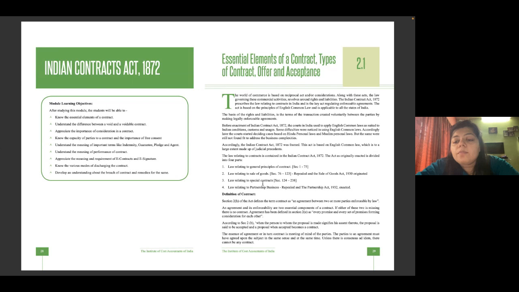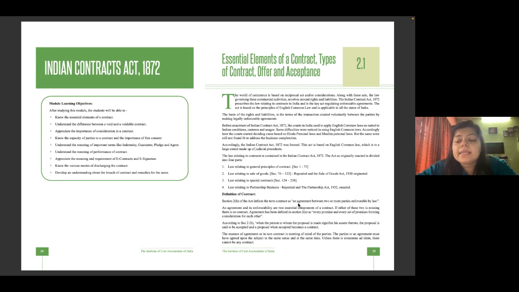These general principles deal with, starting with the concepts of what exactly is the definition of a contract, how exactly is an agreement defined, when and to whom a proposal or an offer is made, and when is that particular proposal or offer accepted, on what grounds that particular proposal or the acceptance of the same proposal be done, and on what grounds can it be made void or voidable.